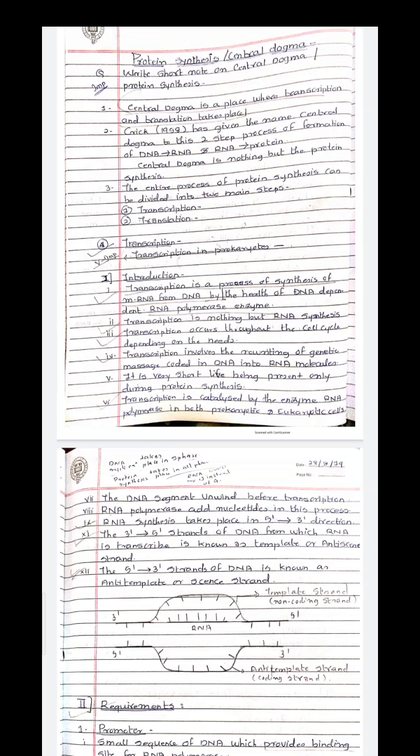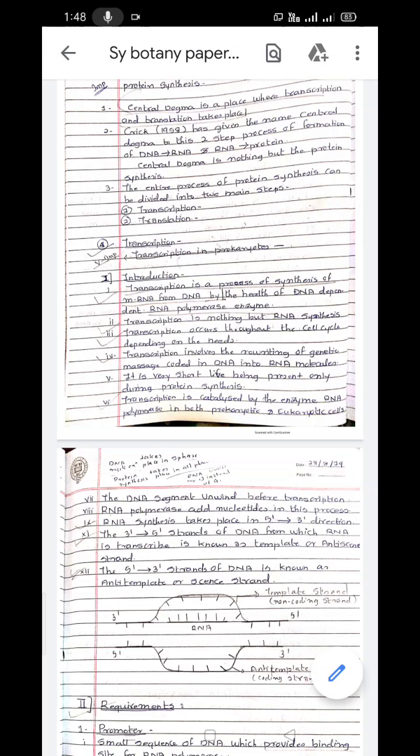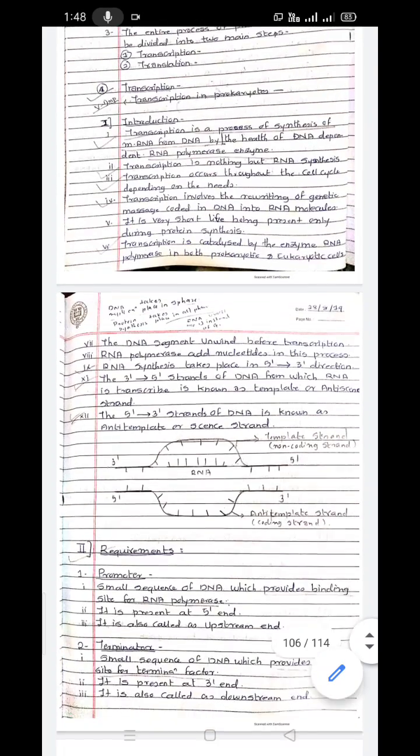So first of all you write down this introduction, same in prokaryotic and eukaryotic transcription.